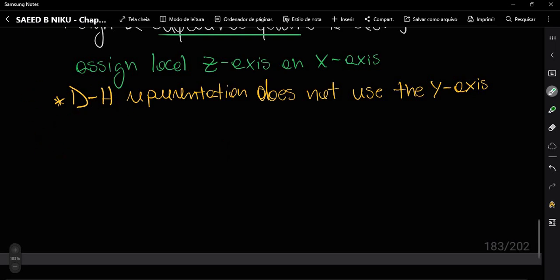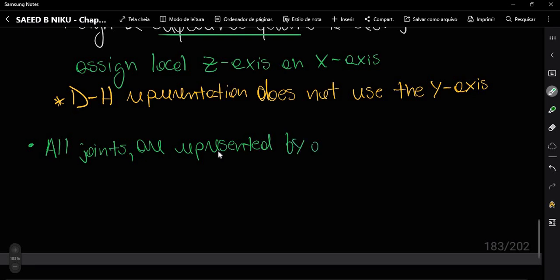So all joints, this is very important, all joints are represented by a z-axis.